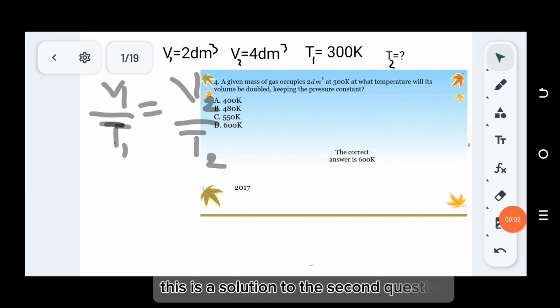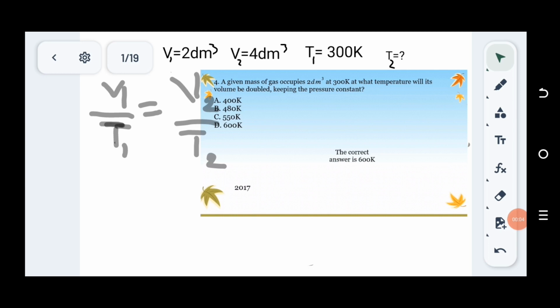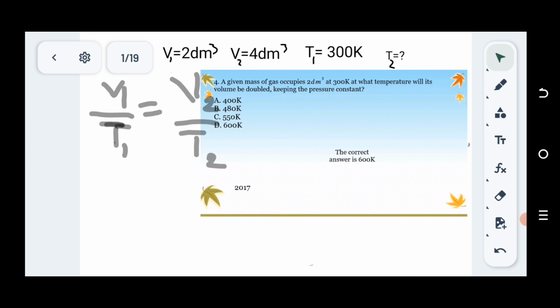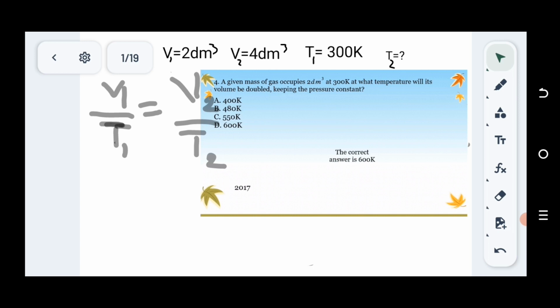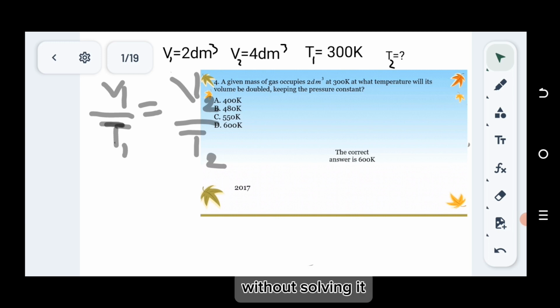This is a solution to the second question, which is gotten from 2017. A given mass of gas occupies 2 dm cube at 300 Kelvin, at what temperature will its volume be doubled, keeping the pressure constant? You can just use logic to answer this question without solving it.